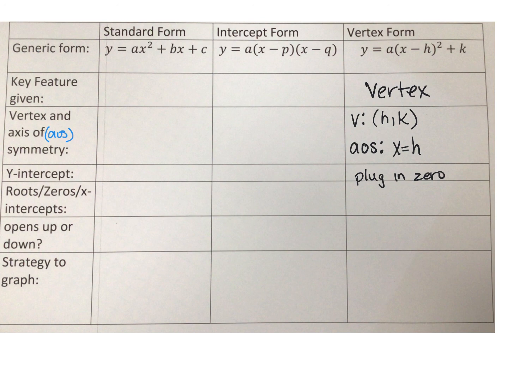The roots, the zeros, the x-intercepts. These are where the graph crosses the x-axis. When we do intercept form, they will be given to us. Vertex form, we have to solve the equation.